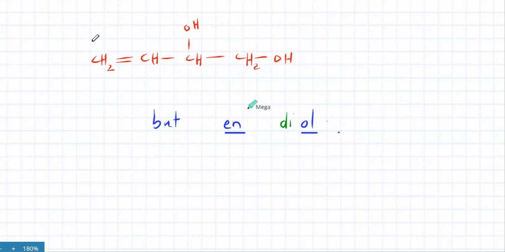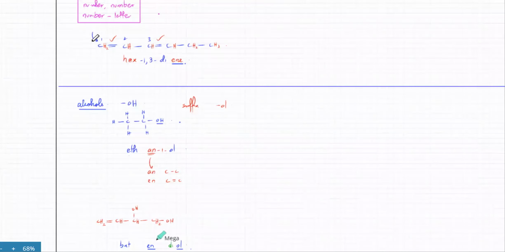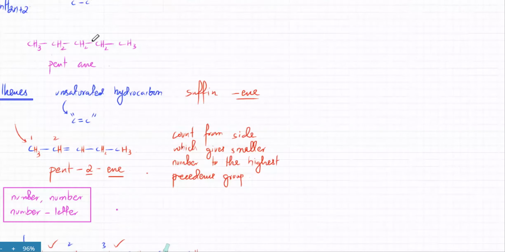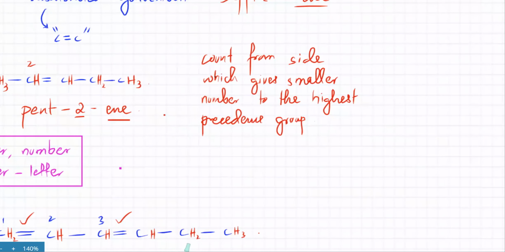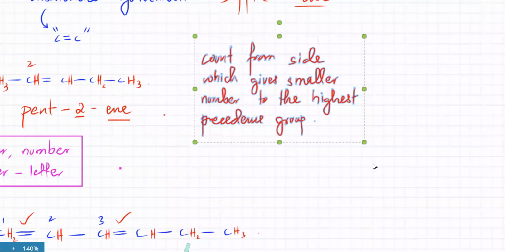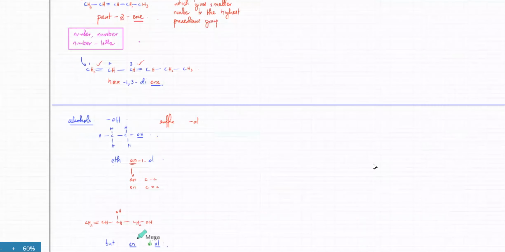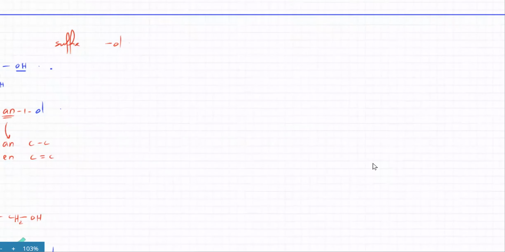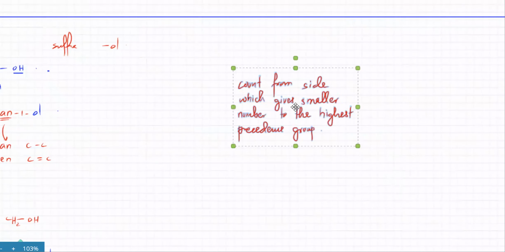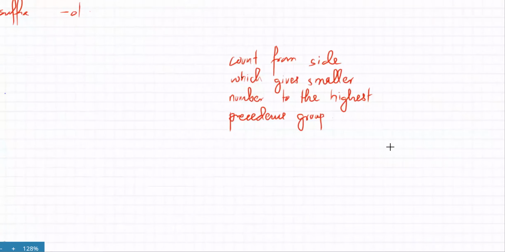We did write the rule, but we did not discuss it. Now we're going to discuss it. The counting rule is: count from the side which gives the smaller number to the highest precedence group.